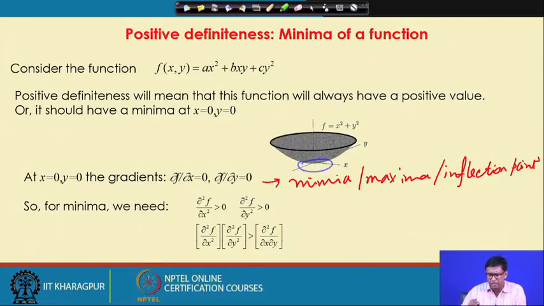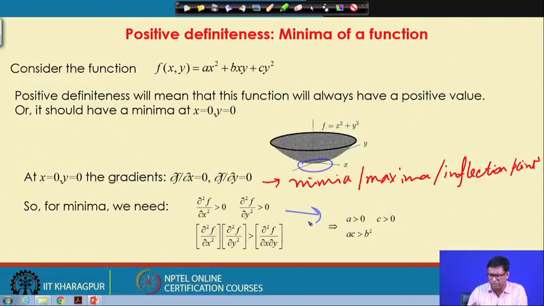Now, if we impose these conditions on this function, the first two will give me a greater than 0 and c greater than 0, and the third one will give us a c greater than b square. So, if these conditions hold, then we will say that f(x, y) is a positive definite function, that means it will definitely have positive values, except where it is 0.